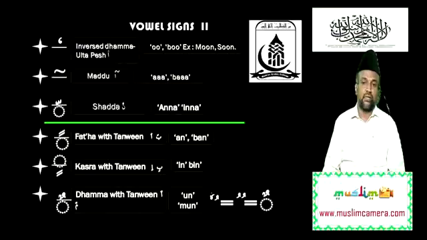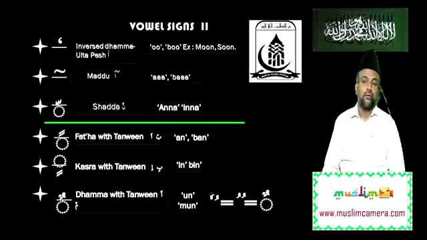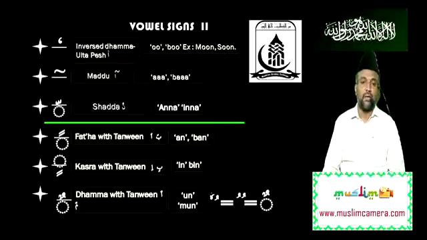Okay, if it is there after a, above mim with fataha, how will you read it? Am, im, you have to read like that. So this is the Shadda, doubling of a letter. It doubles the letter.